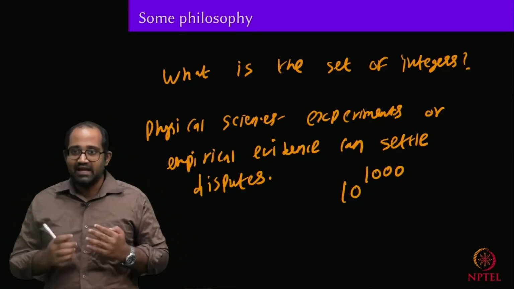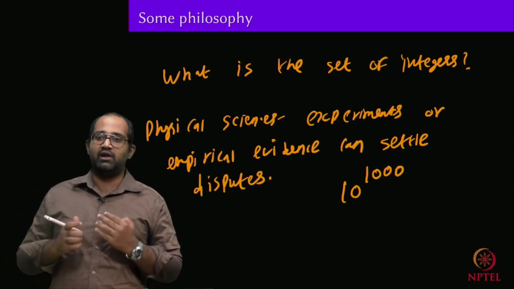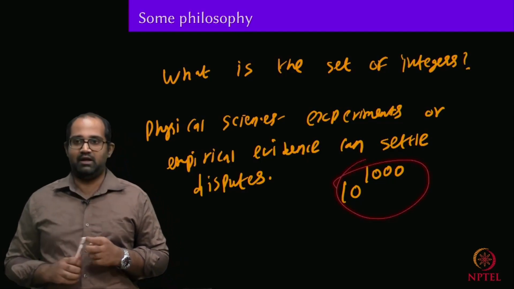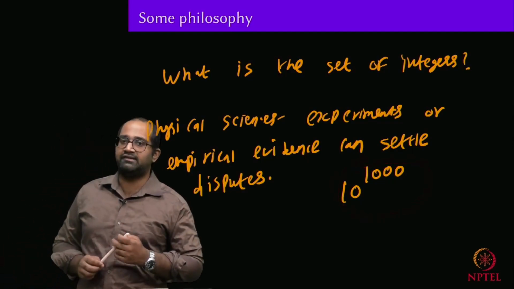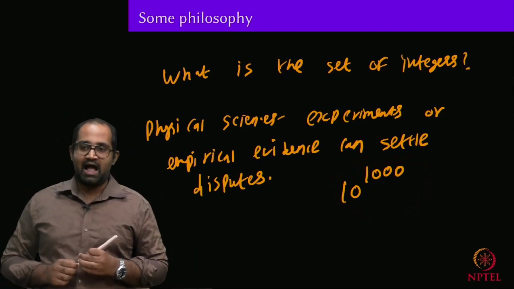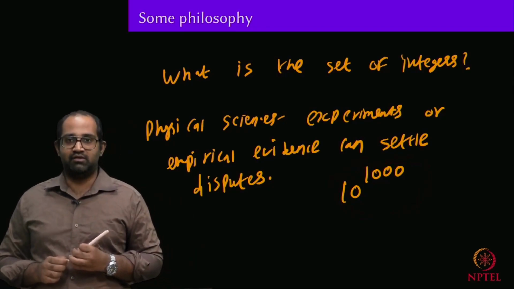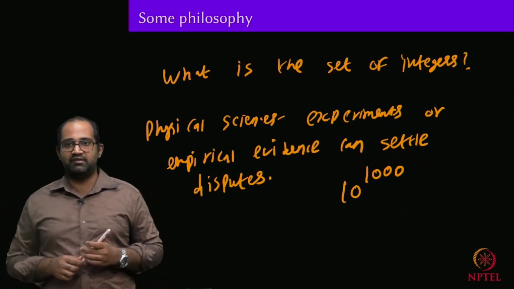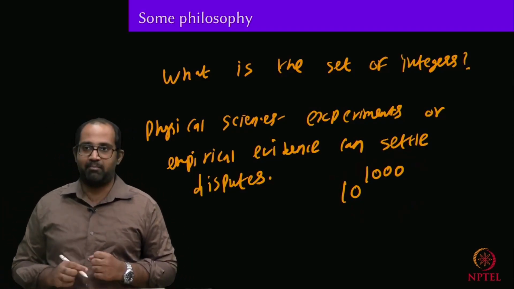There is nothing in the universe that would require a number this large to describe. It far exceeds the number of atoms in the universe by an incomparable amount. The number of atoms in the universe is a minuscule number compared to 10 power 1000.